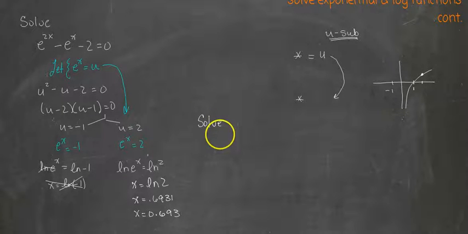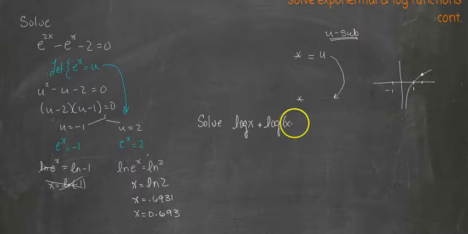All right, so let's have a look at a quadratic form of a log function now. We want to solve log x plus log (x minus 3) equals log 28. So the first thing I want to do, since I have the same base all the way across, is condense the logs on the left-hand side, because then I can just get rid of the log altogether.